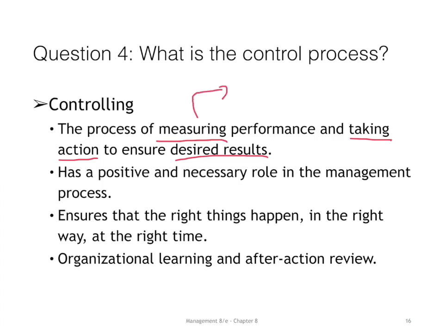From this step we get the data, and this data we will analyze and evaluate to know what is lacking in the organization's implementation of the planning, and then we must take action to ensure desired results, to ensure the organization's desired results. Okay, it has a positive and necessary role in the management process.